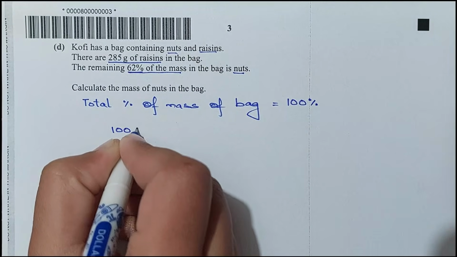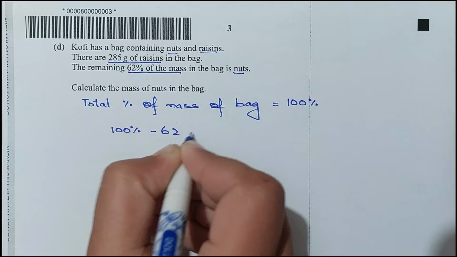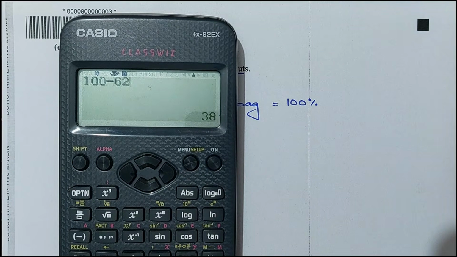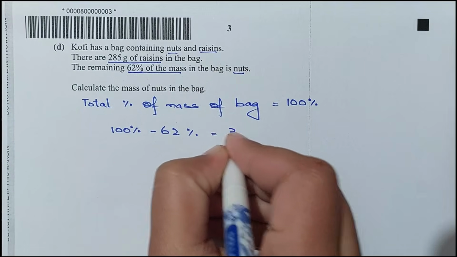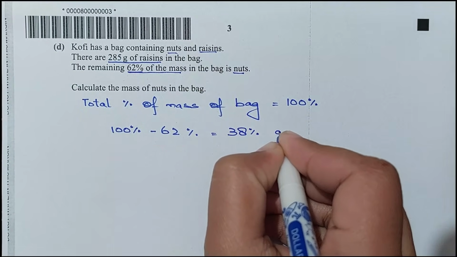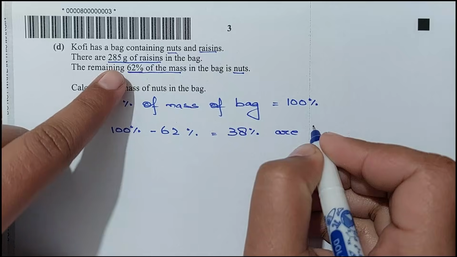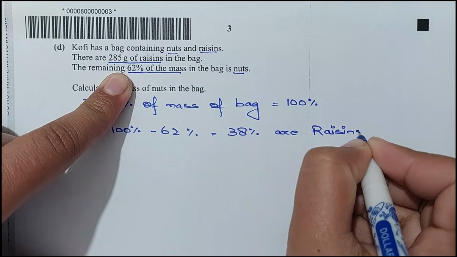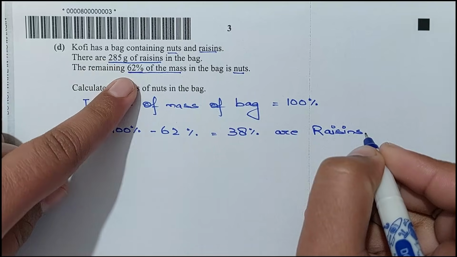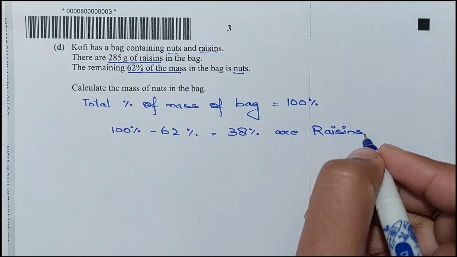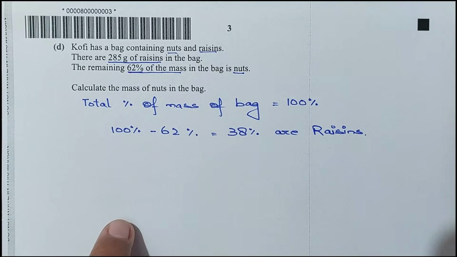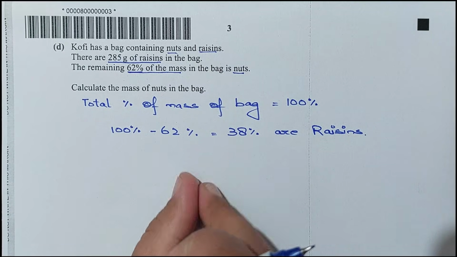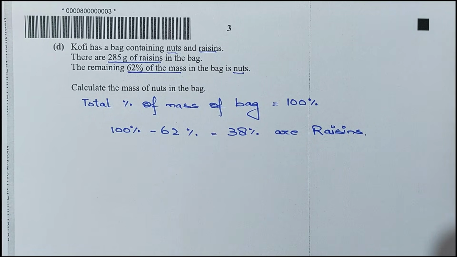So from 100%, if I subtract 62%, 100 minus 62 is 38%, which means 38% are raisins, 62% are nuts, and the total is 100%, right?